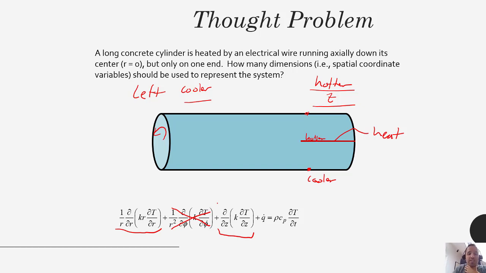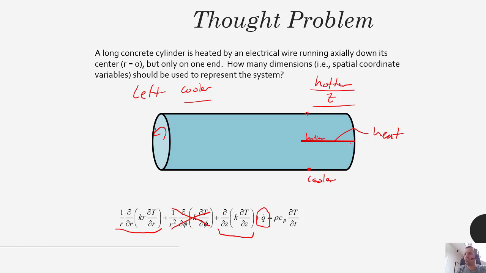Now the question doesn't actually ask this, but do you see anything about generation? So this is actually kind of a tricky question. We would potentially have a generation term depending on how we're treating that wire.